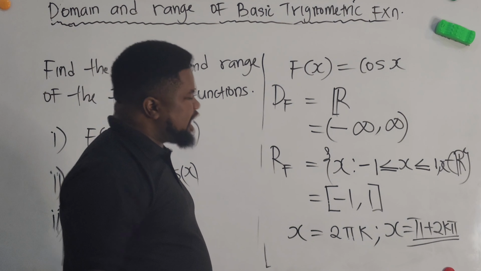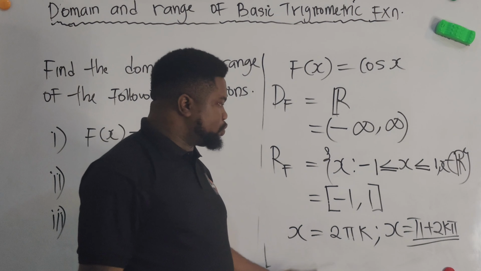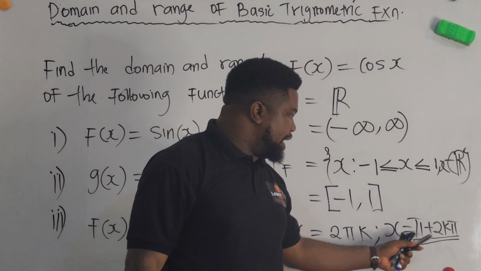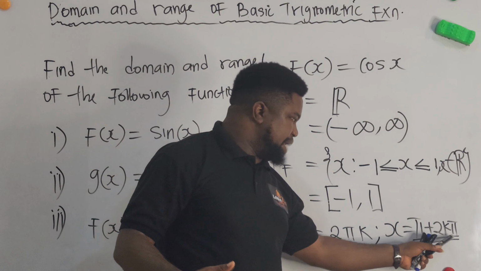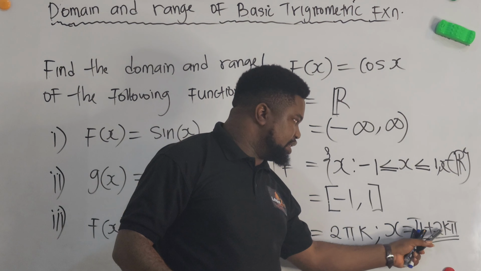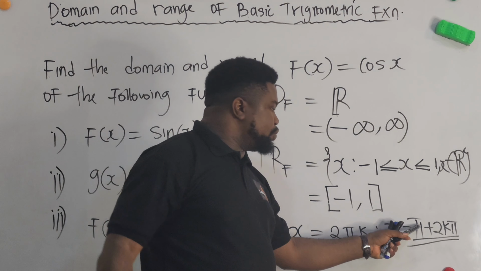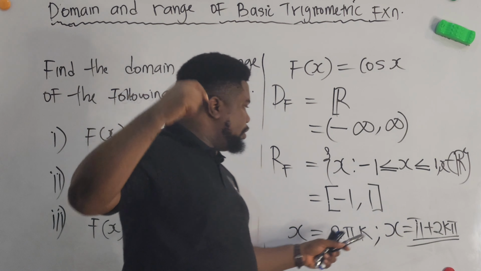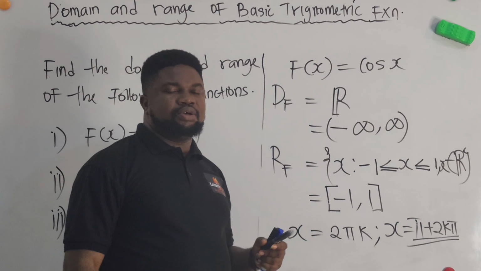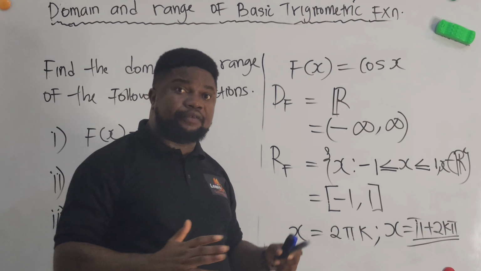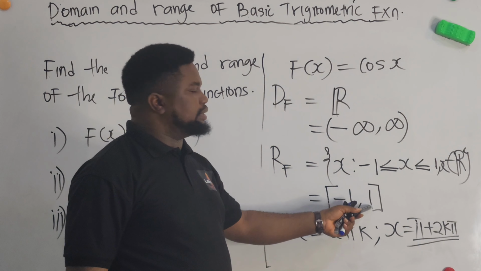So tell me a number you think can give us -1. Let's check. What if k is 0? That becomes 2 times 0 times pi, which is out. So at x equal to pi, when you punch cos 180, you will see your answer as -1. Just know that the range of the cos function is from -1 up to 1.